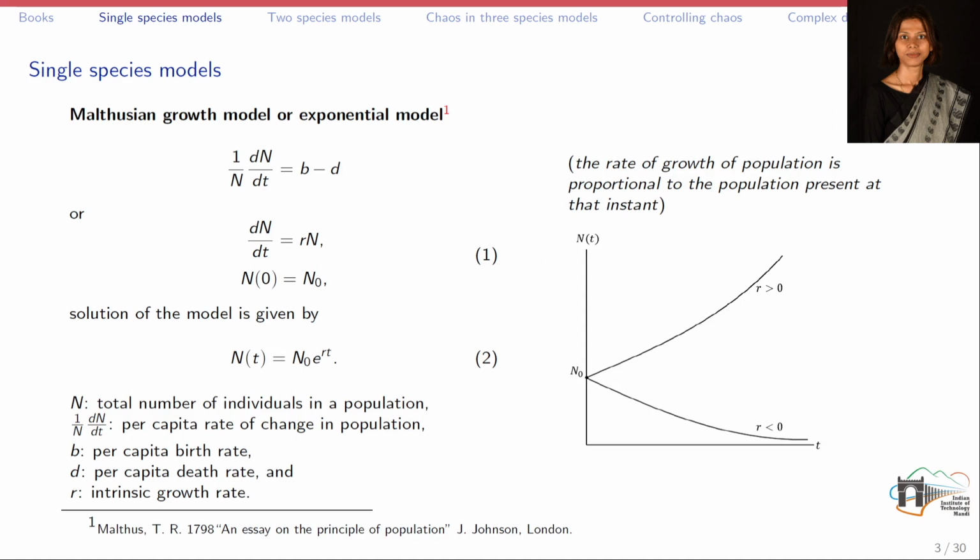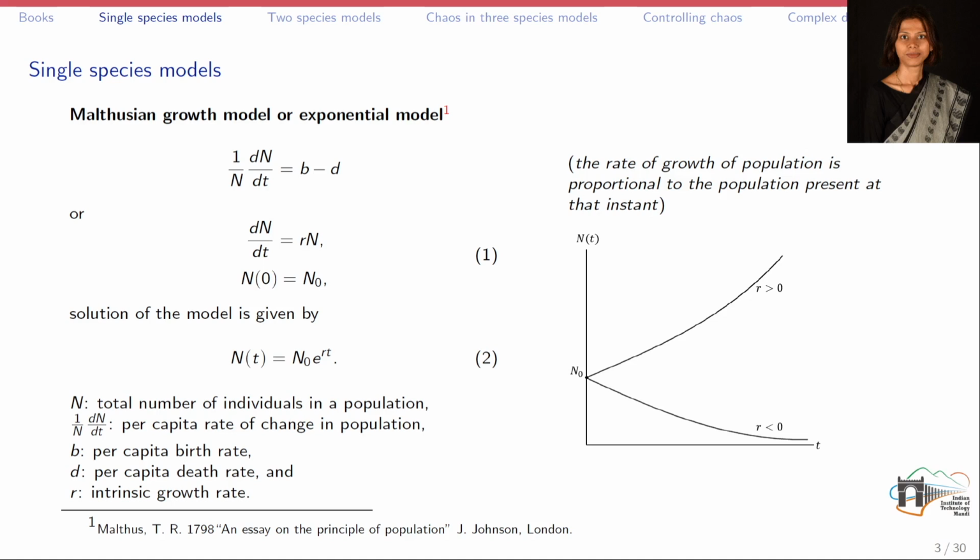Okay, so we will start this lecture series with the single species models. The very first mathematical model that was proposed in ecology was by Malthus. It's known as the Malthusian model, also known as the Malthusian exponential model.